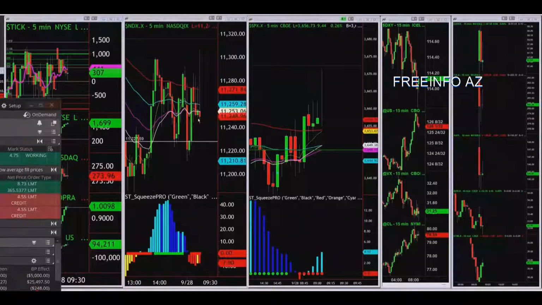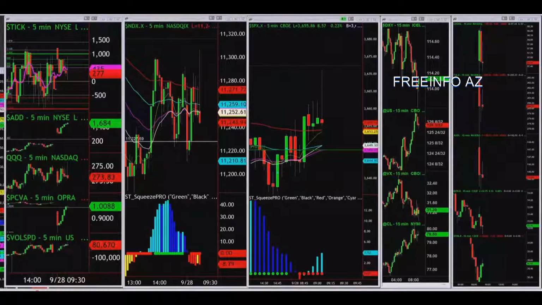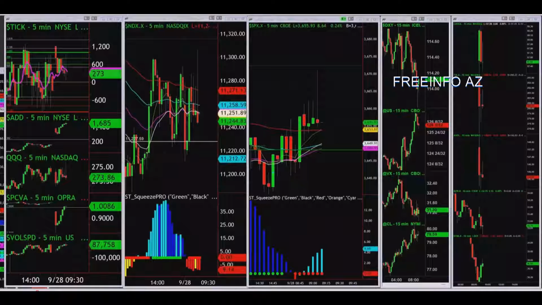Yeah, so the same idea applies for ES options as well. Just remember, if you're doing ES options, the price is different.